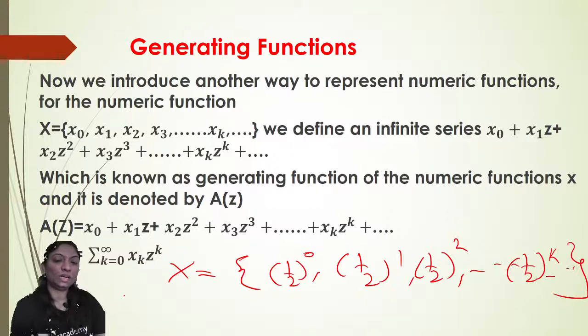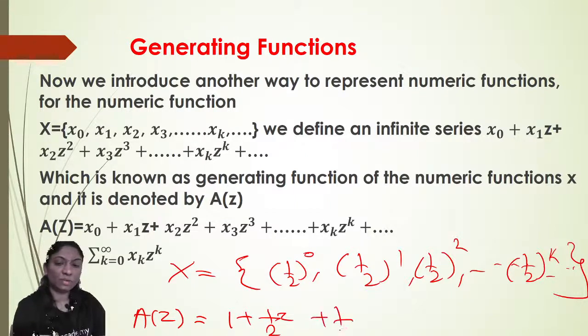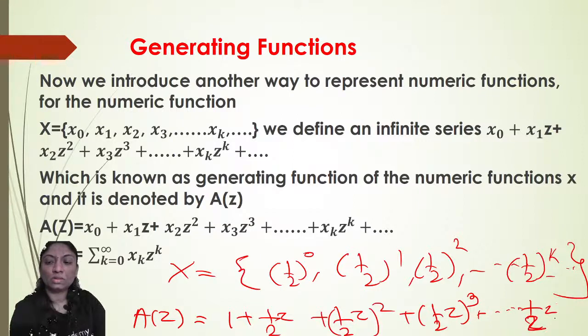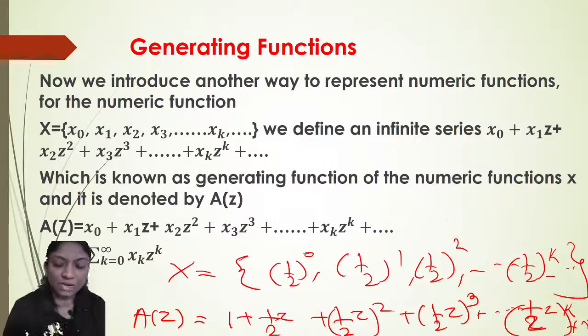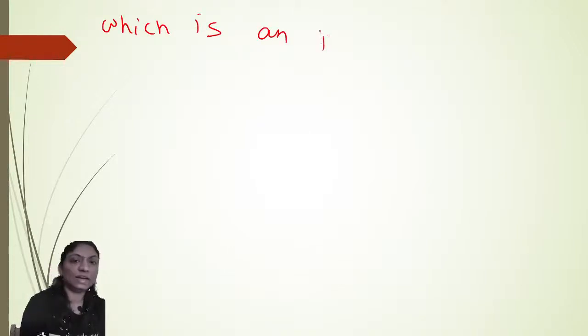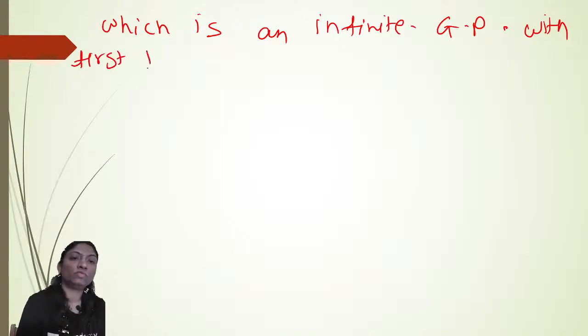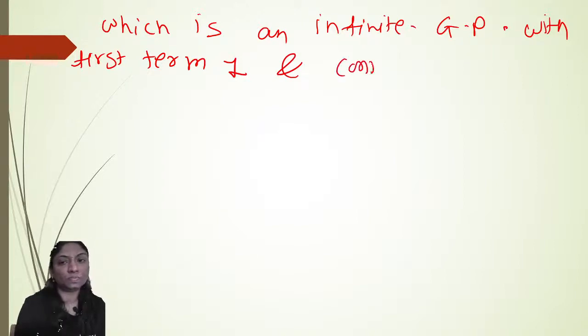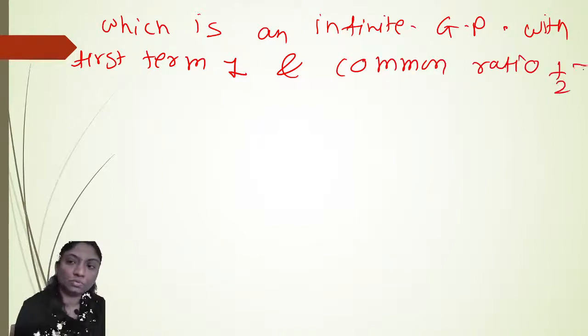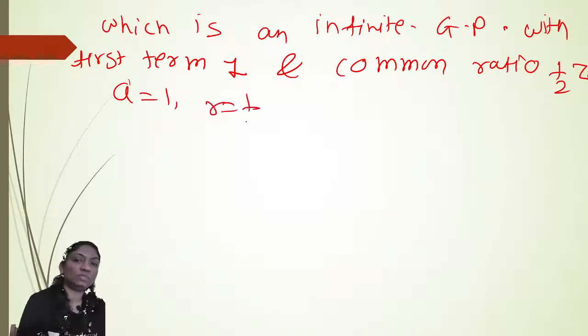Then the same discrete numeric function can be written in generating form a of z is equal to 1 plus 1 by 2 z plus (1 by 2 z) square plus (1 by 2 z) cube plus and so on, (1 by 2 z) raised to k and so on, which is an infinite geometric progression with first term 1 and common ratio 1 by 2 z, right? That is a is equal to 1 and r is equal to 1 by 2.